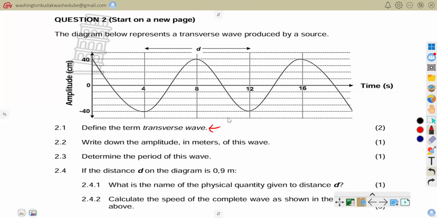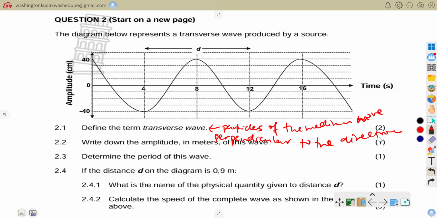So we say that a transverse wave is when particles of the medium move perpendicular to the direction of the wave motion.